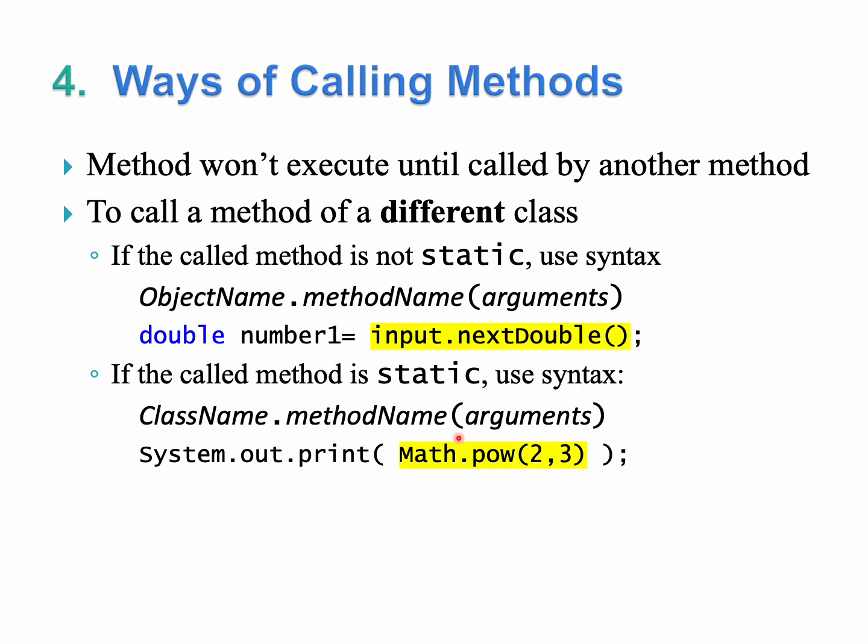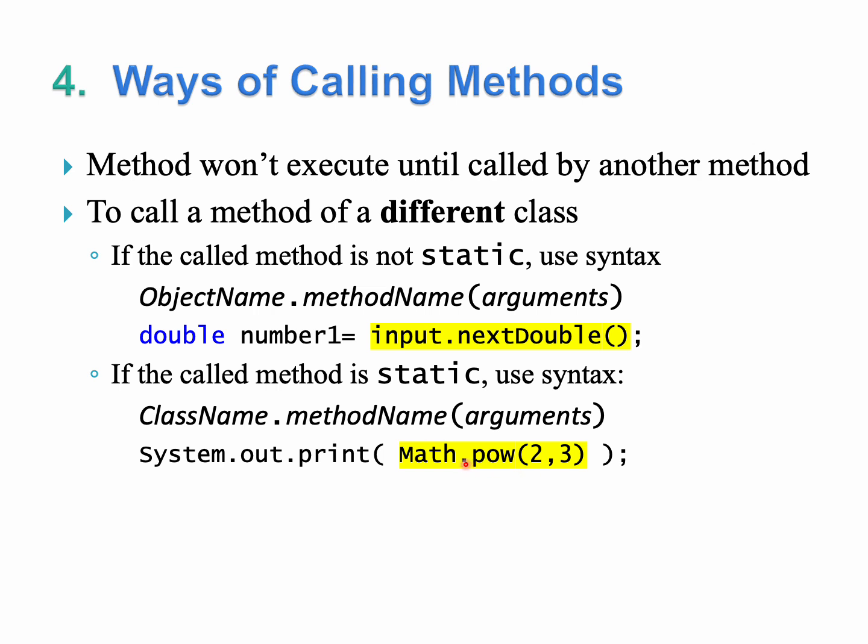If the called method of a different class is static, then use the class name and the dot before the method name and arguments, as in this syntax. We had used this syntax to call the method pow of the Math class before.